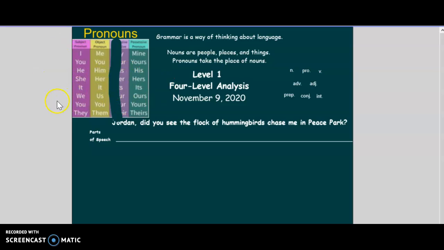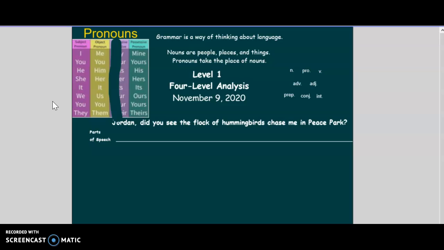These are all pronouns. So pronouns take the place of a noun. For example, let's just use me as an example. Amy. So Amy went to the store. Amy bought some eggs. Amy made Amy an omelet. Okay, I'm clearly using that noun Amy too many times. So we can replace that with a pronoun.